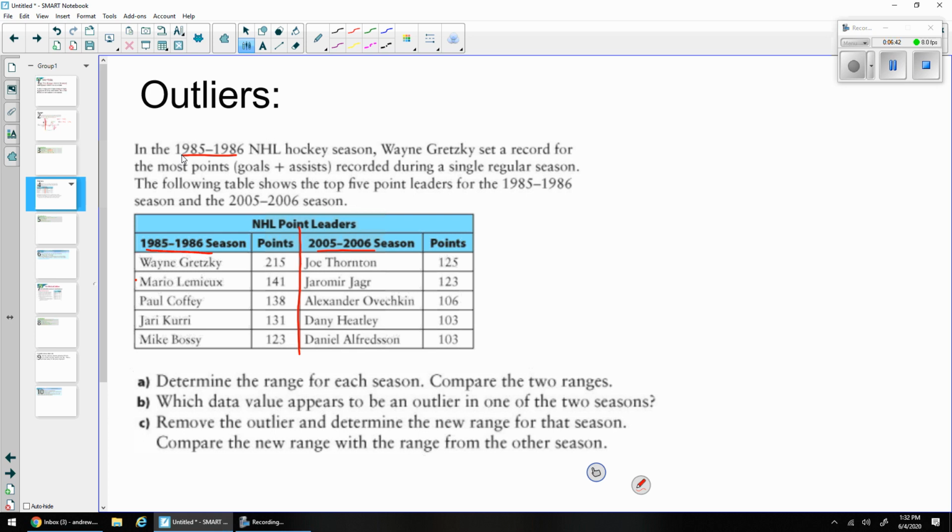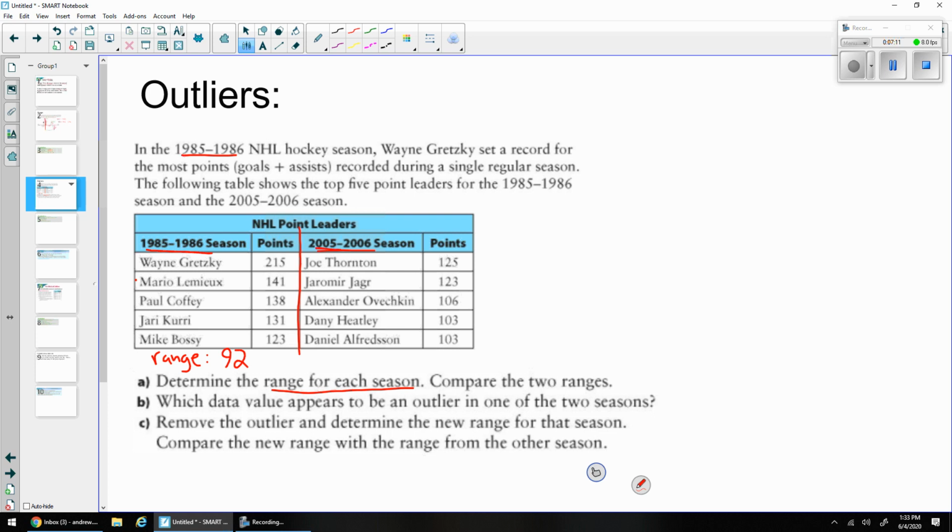So determine the range for each season. Compare the two ranges. So the range for this season would be the biggest number, Wayne Gretzky at 215, subtracting the smallest number. So 215 minus 123 gives us a range of 92 points difference between Wayne Gretzky in first and Mike Bossy in fifth.